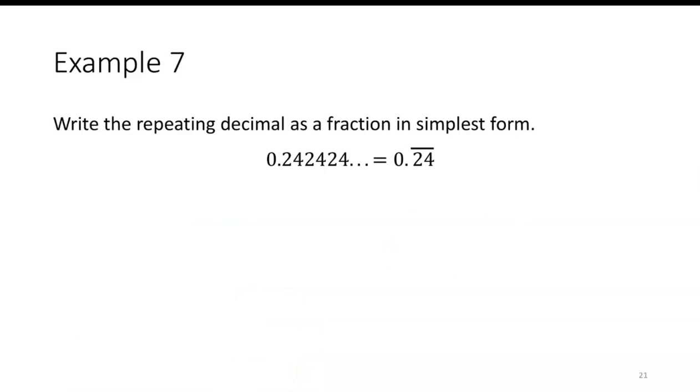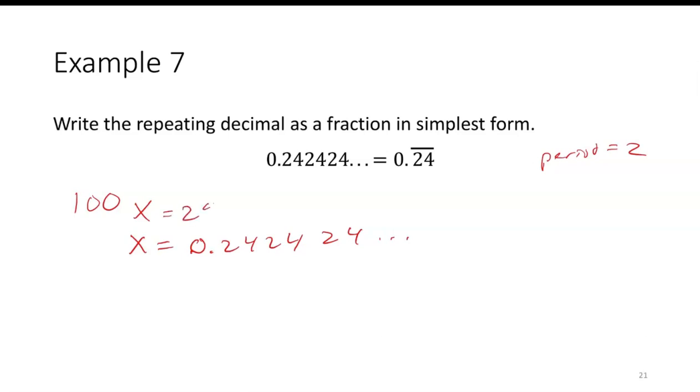Try another one. Let's say that I want to figure out the fraction for 0.24 repeating. So 0.242424 and on. In this case, my period is 2. So I would multiply this number by something with 2 zeros, so let's say 100x. That would mean move the decimal 2 places to the right.